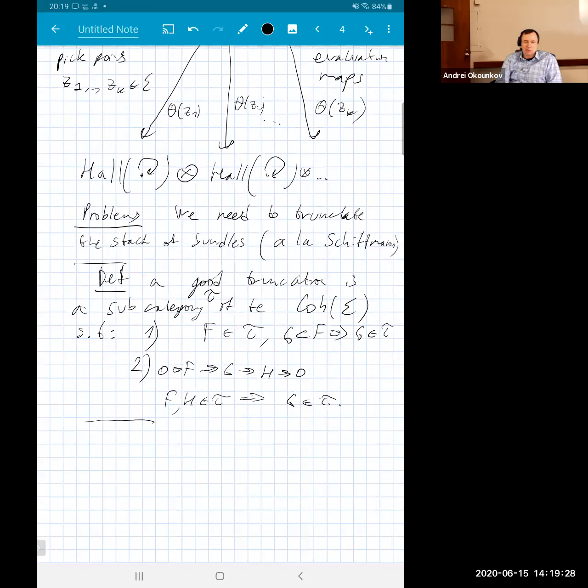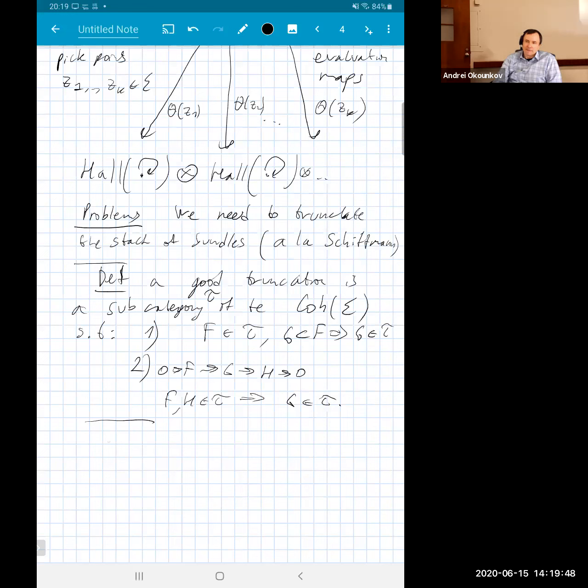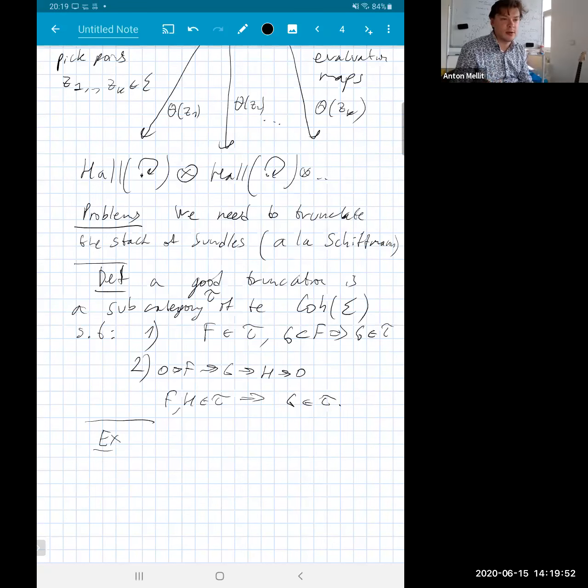Anton, what do you mean by sub-objects? Like if I twist F by something negative, twisted arbitrarily negative, that's good for you? Yeah, these are very negative. In particular, O of minus million is good for you because it's in O or something like that. But O plus million is not. Sub-bundles are also good because a sub-bundle of a bundle is a bundle.